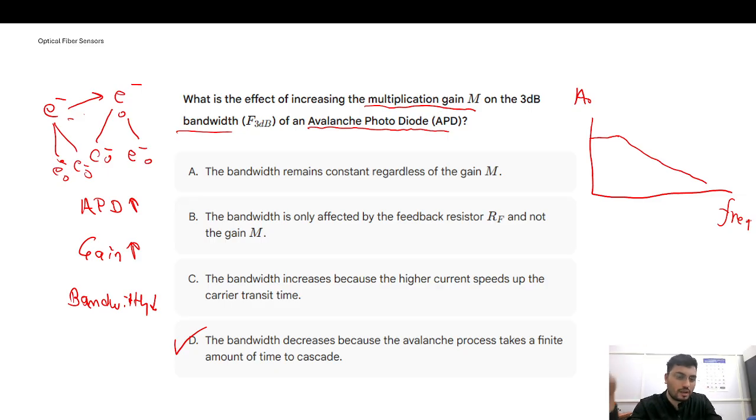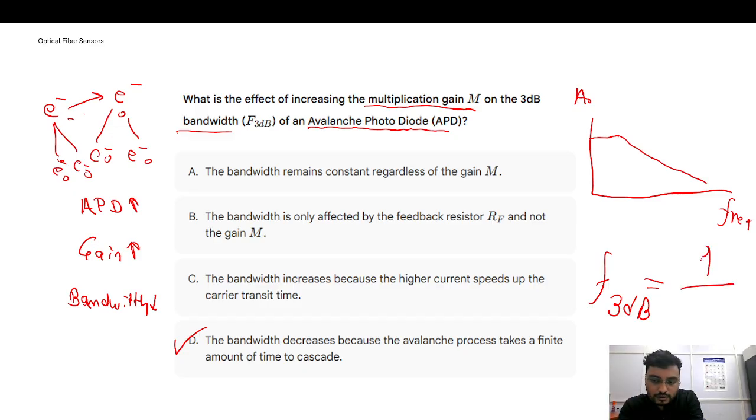So response time you can understand here. F3dB is equal to 1 by 2 pi M naught tau e.